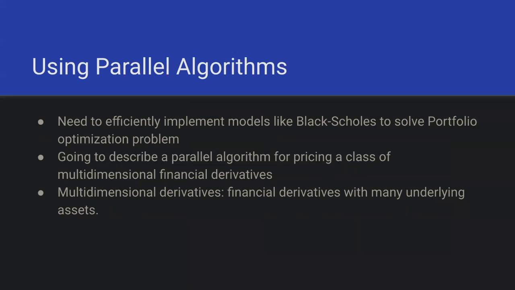To find the solution for these problems, there's a need for efficient algorithms, and that's where parallel algorithms come into play, where we will use them to price a class of multi-dimensional financial derivatives. Multi-dimensional just meaning there's many underlying assets in this derivative.